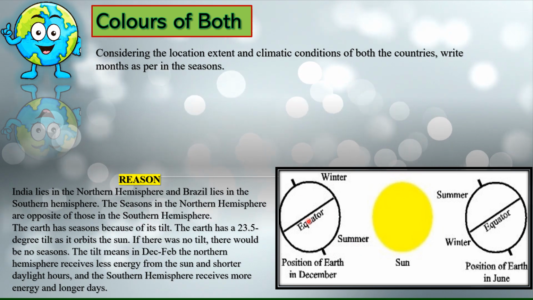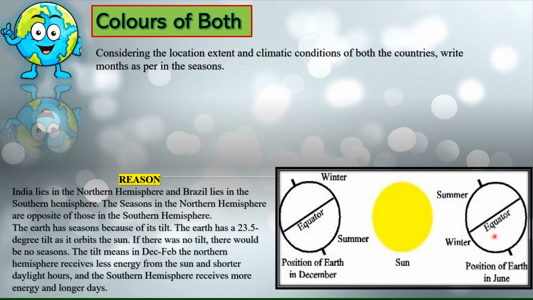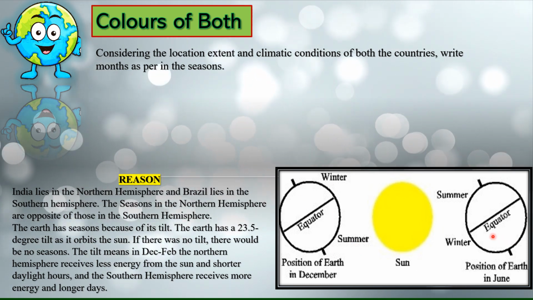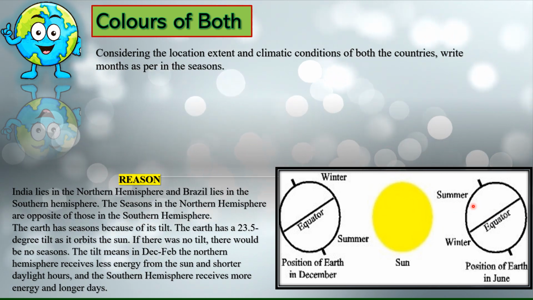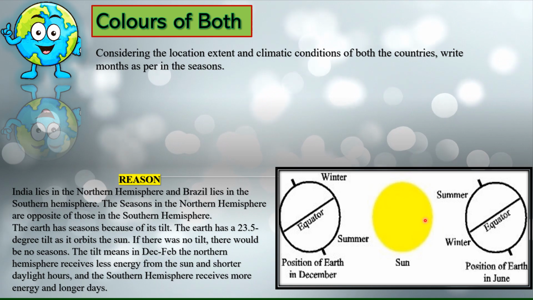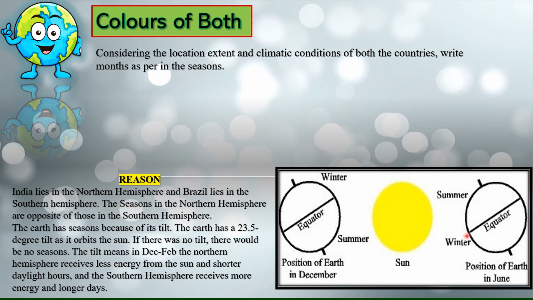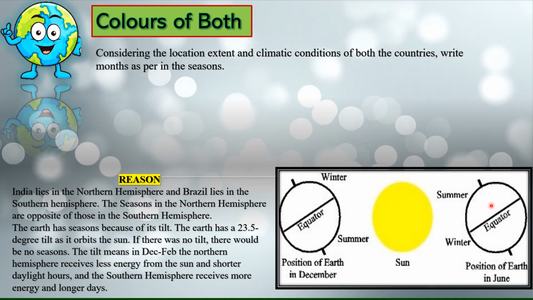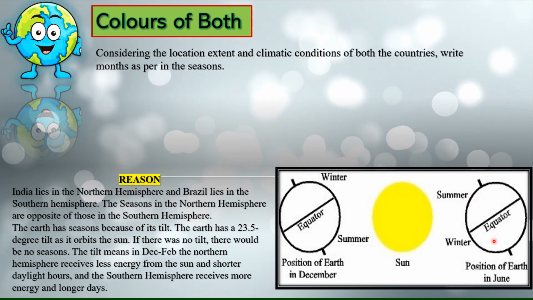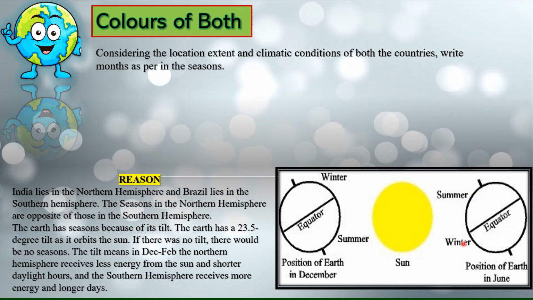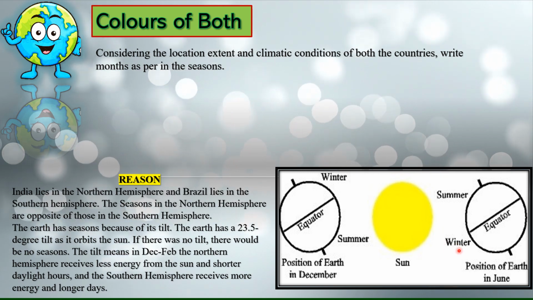Now this is totally opposite to what we experience in June. In June, the northern hemisphere comes close to the sun, it receives direct sunlight, and the southern hemisphere moves away from the sun. So the northern hemisphere in June experiences summer, and the southern hemisphere in June experiences winter.